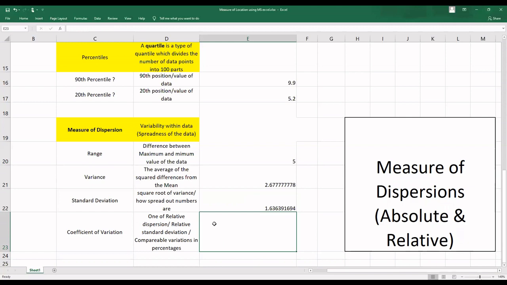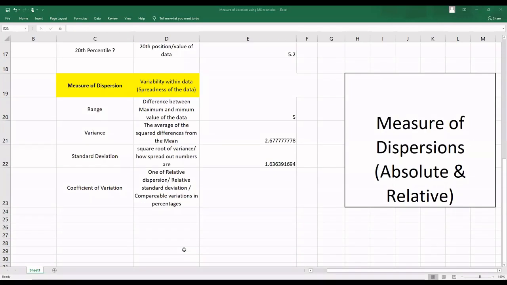Next, coefficient of variation. The formula is the standard deviation divided by the mean. Very easy. I am writing this with a marker: the coefficient of variation is equal to standard deviation divided by mean, multiplied by 100.